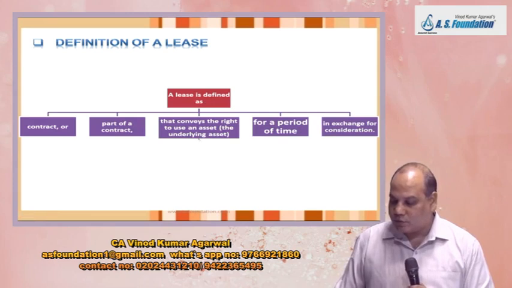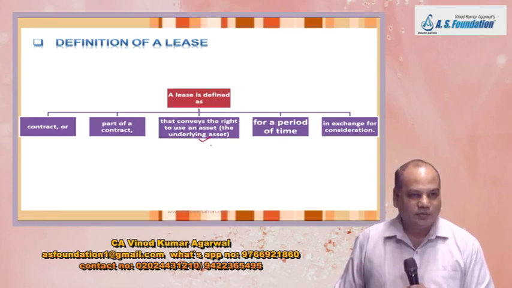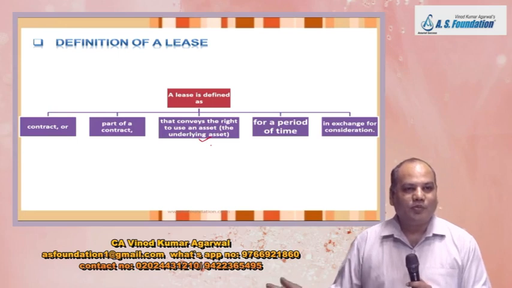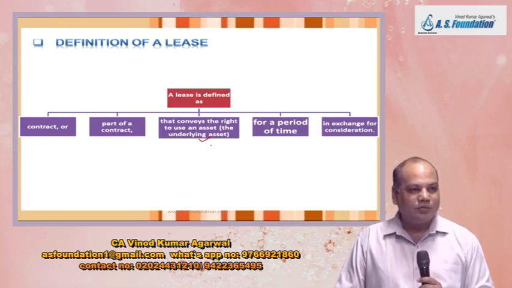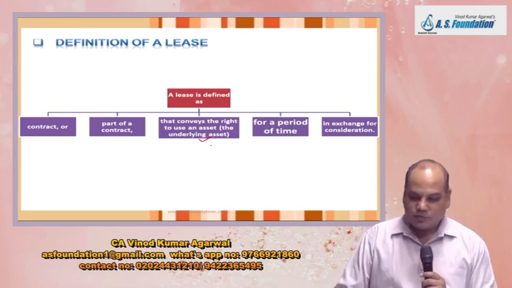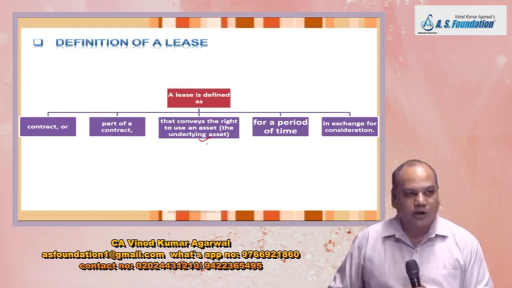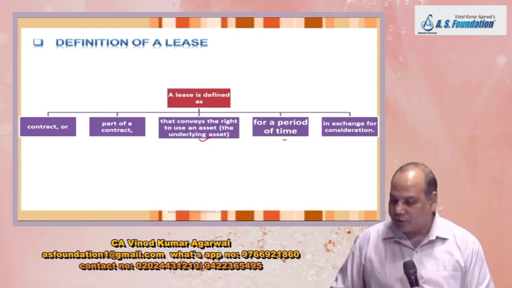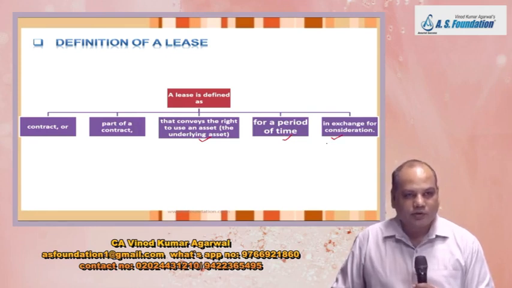As I said, the focus of the standard is on tangible assets, but it does not prohibit you from applying this standard to certain other intangible assets also. So it gives you the right to use the asset for a period of time and in exchange for a consideration.